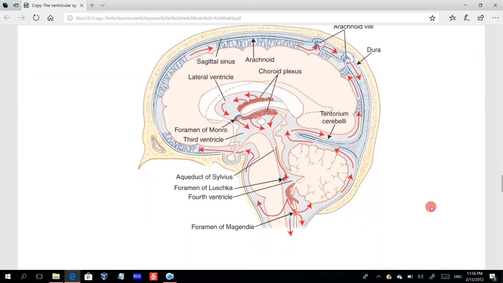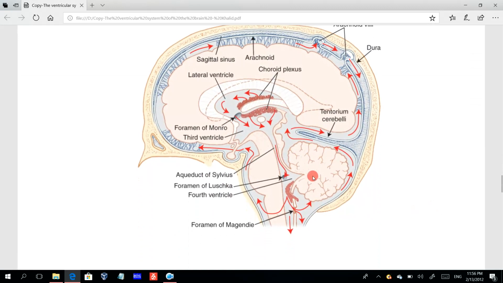Here, this picture shows you all this that we talked about. This is the choroid plexus within the lateral and the third ventricle, and this is the foramen of Monro between the lateral ventricle and the third ventricle.